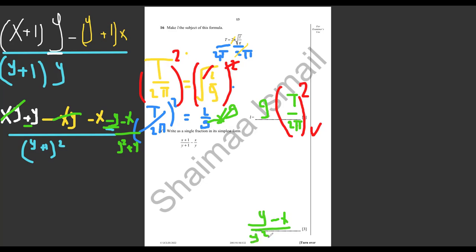I prefer to write all kinds of solutions because you don't know who is correcting for you. I write here y plus 1 multiplied by y.